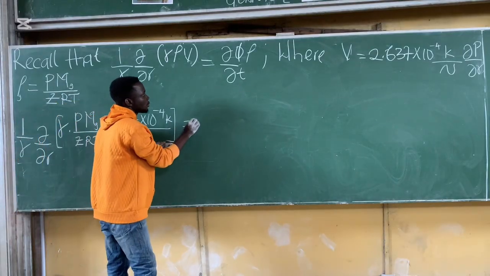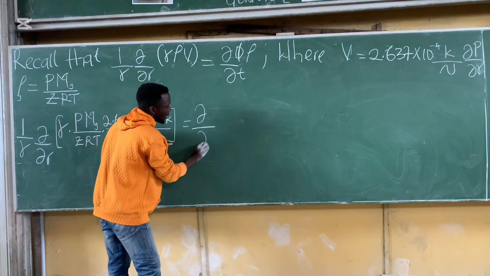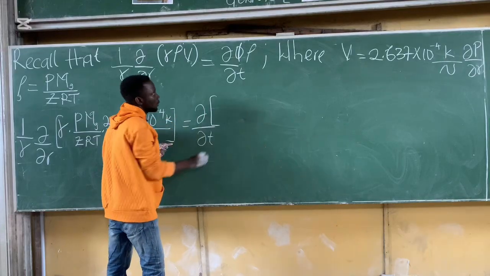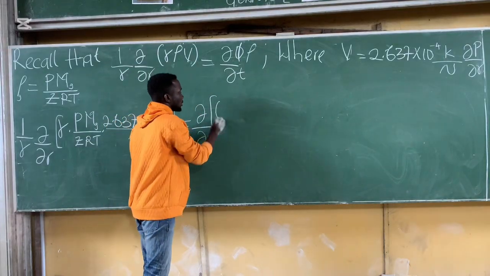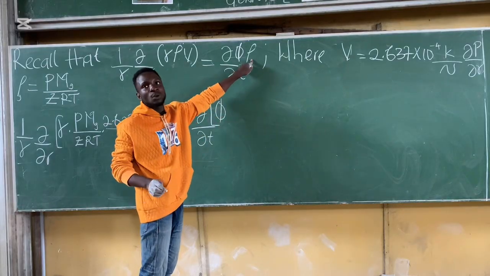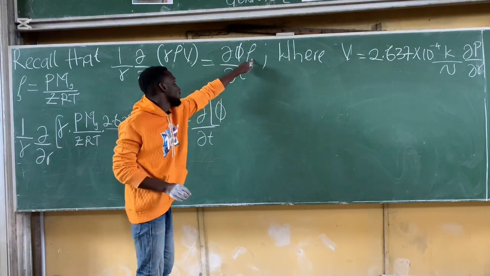Everything here will be equal to d/dt of phi times, here we also have density. What is our density again?